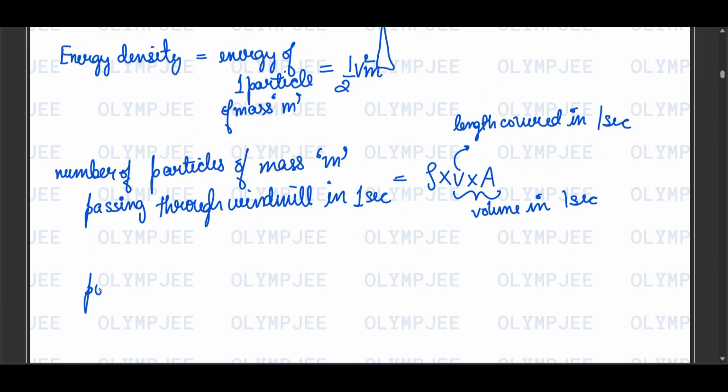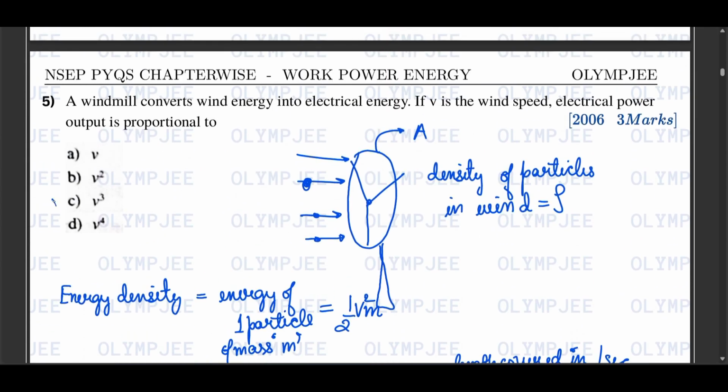So power would be equal to half mv square multiplied by rho vA, which is half m rho A v cube. So power is proportional to v cube. So the answer should be option C.